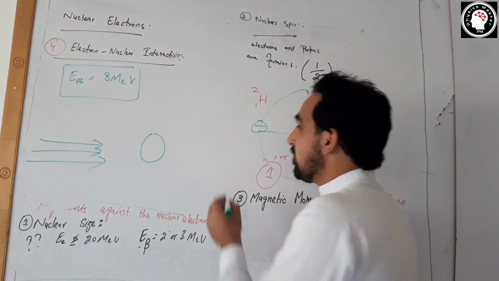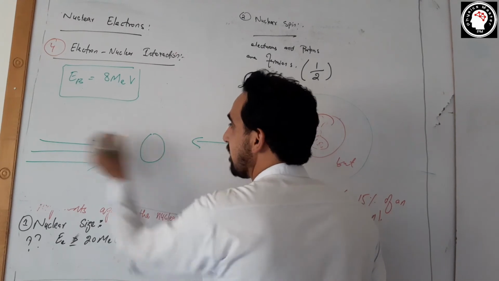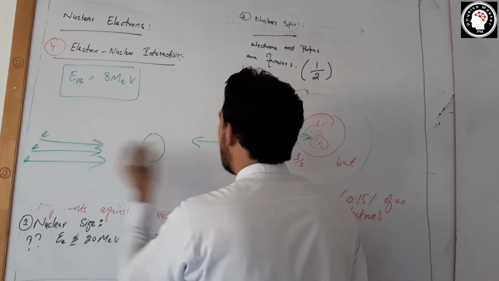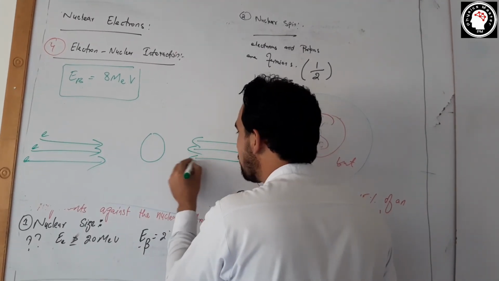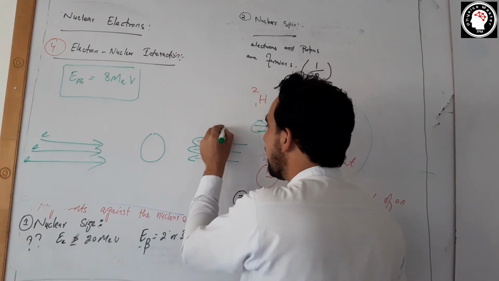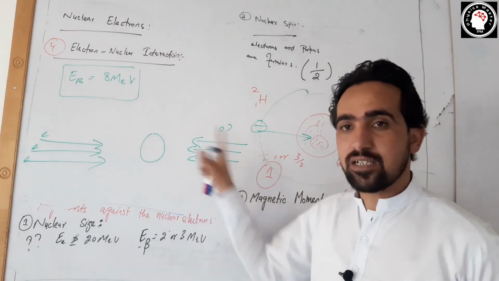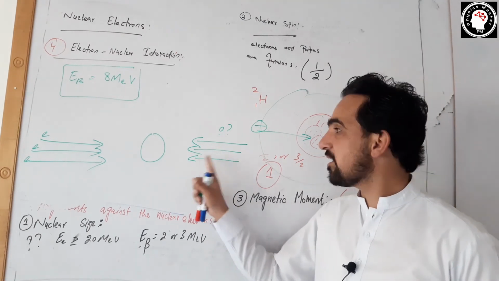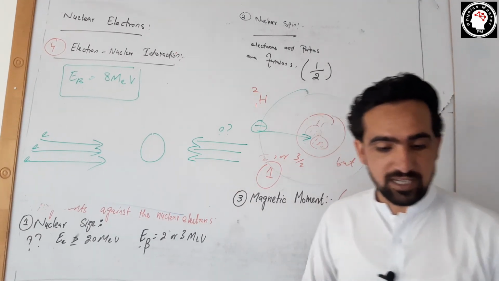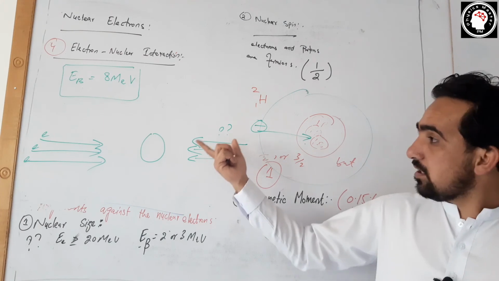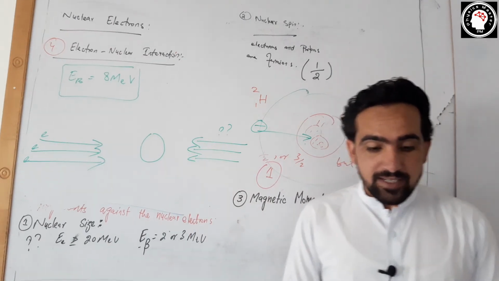But when you send a stream of fast moving protons toward this nucleus, then the scattering is not entirely electric, but rather other types of forces also act on them.